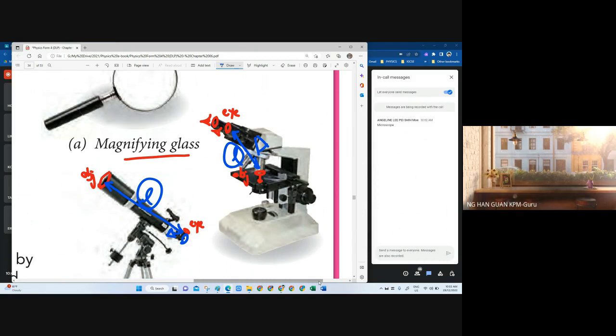Engineering, you said the microscope. How about the others? Microscope, the length between the lenses is adjusted. I'm talking about the length between the lenses. I'm not talking about whether we can change the lens or not.